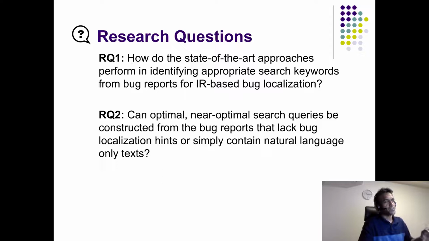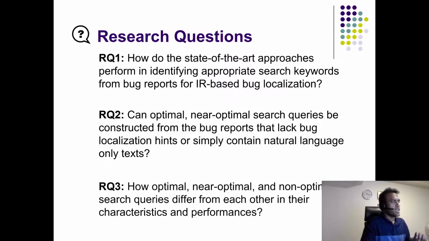So in the second research question, we basically investigate whether the bug report actually contains some optimal queries in the first place. Then in the third research question, we try to differentiate between optimal and non-optimal search queries in terms of their lexical as well as syntactic properties. So these are the 3 research questions.